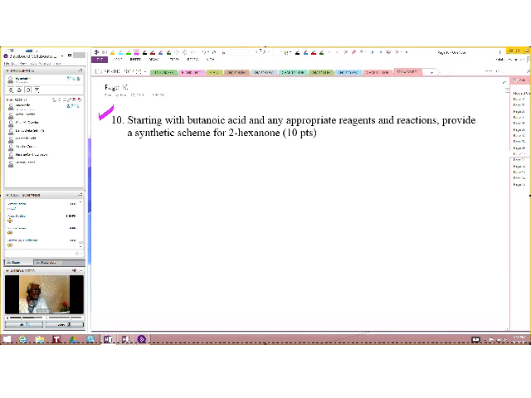Okay, so now you have this. We are supposed to start with butanoic acid, okay, and any appropriate reagents, and then to make 2-hexanone.